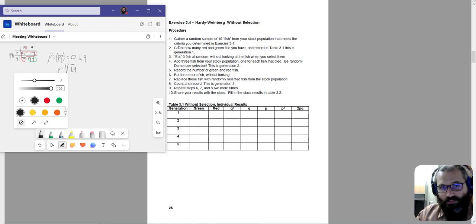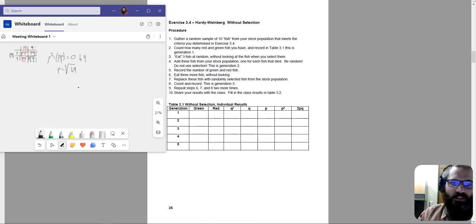Then you're going to just take 10 of them randomly. You're going to count how many red and how many green are in there. And then you calculate q squared. It comes from this table here. Because q squared is the genotype that matches the phenotype, green, and only the individuals that are green all have qq as alleles. Compared to the red individuals, you don't know if they're homozygous or heterozygous.